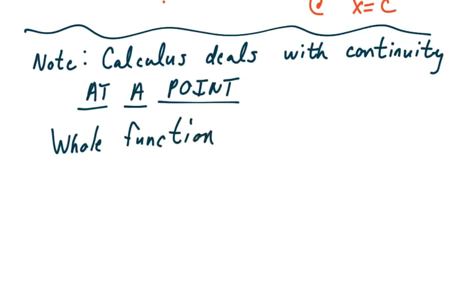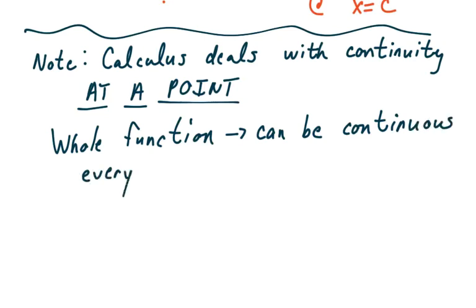You can have a completely continuous function. The whole function can be continuous everywhere.